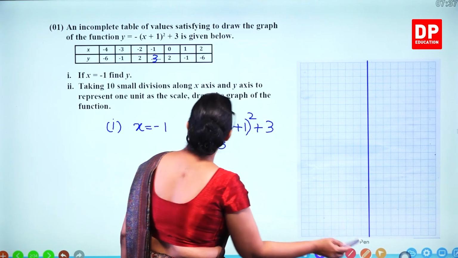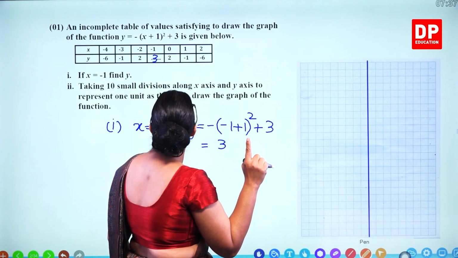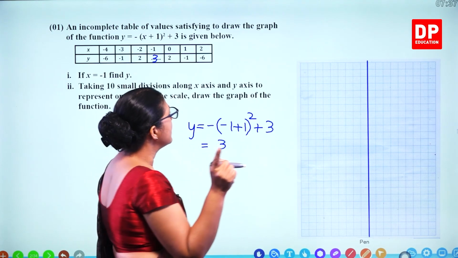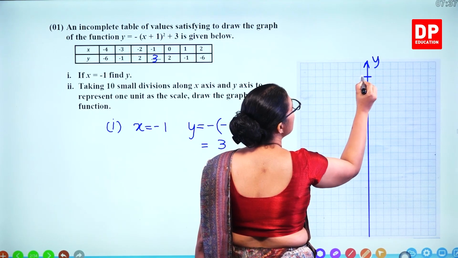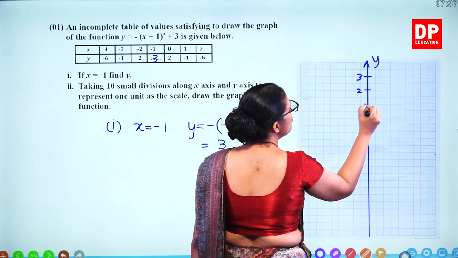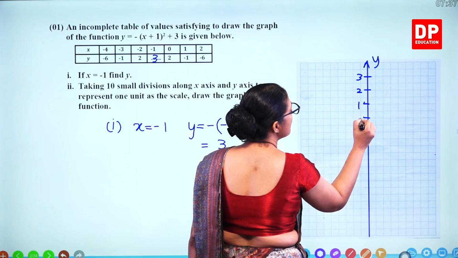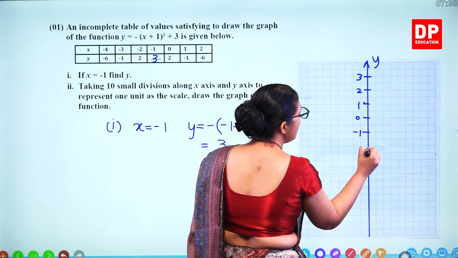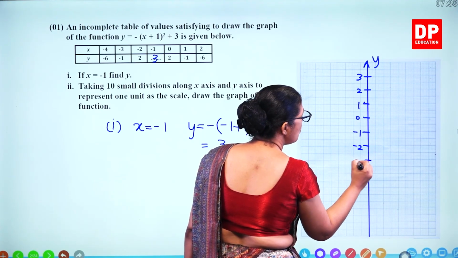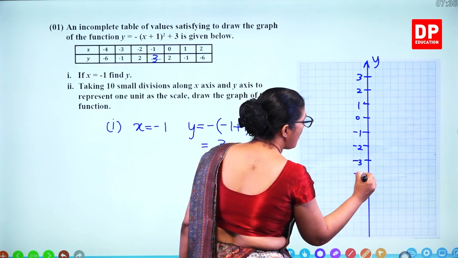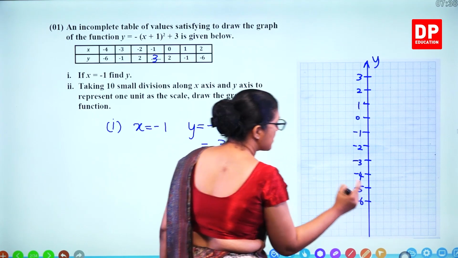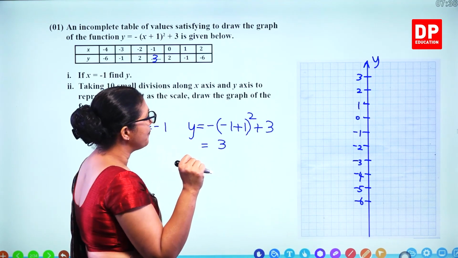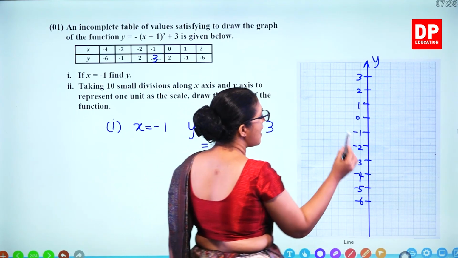Then you have to mark the coordinates. Y maximum is 3. So we'll draw from here 3, 2, 1, 0, minus 1, minus 2, minus 3, minus 4, minus 5 and minus 6. Minus 6 is the lowest value. Then you can draw the x-axis.